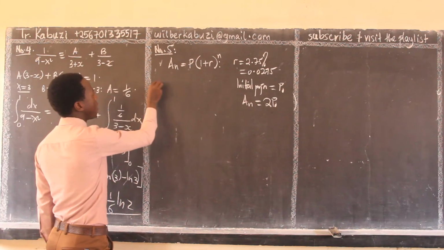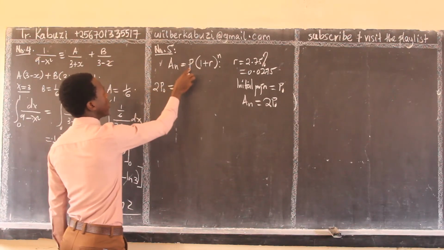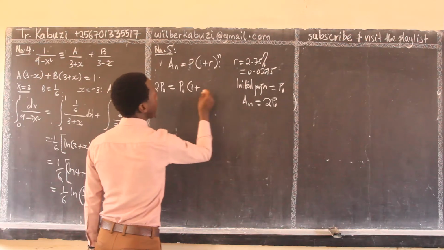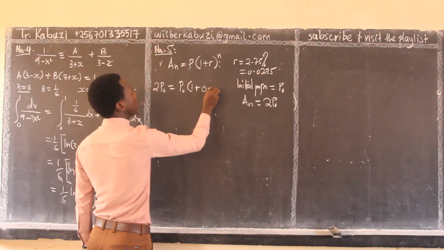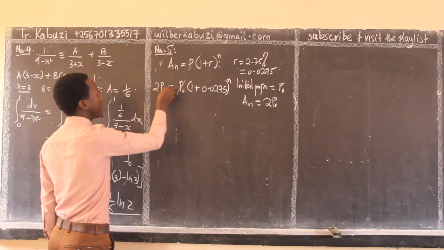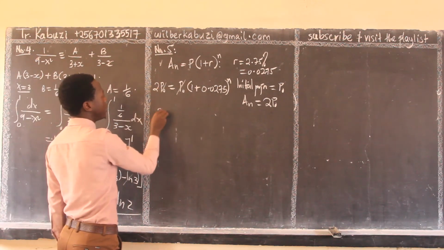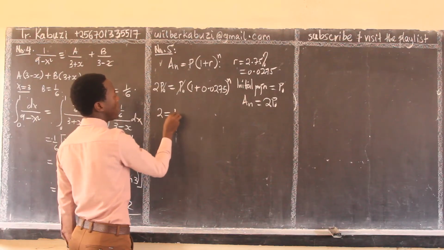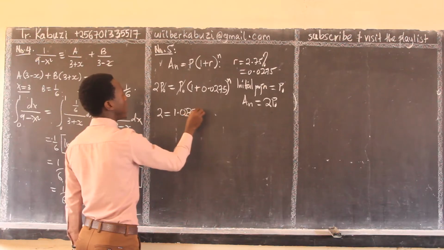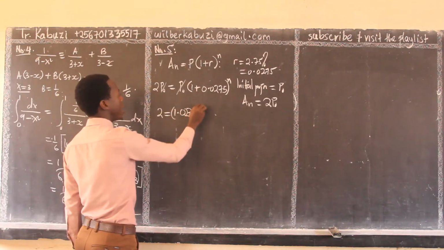When I substitute here, I have 2P naught equals the initial population into 1 plus R, power N. Clearly, my P goes. So getting me 2 equals to 1.0275, the whole power N.